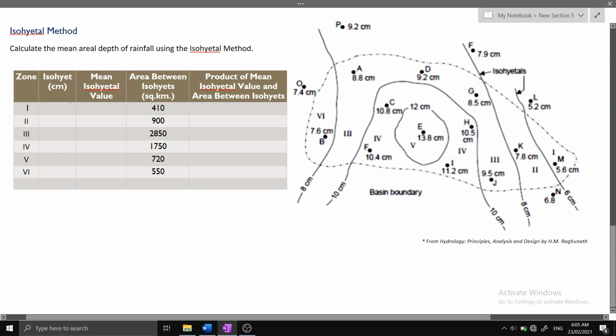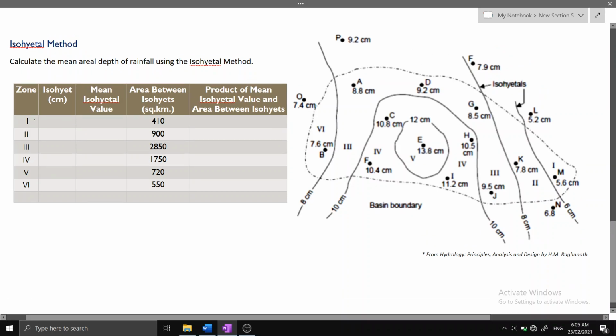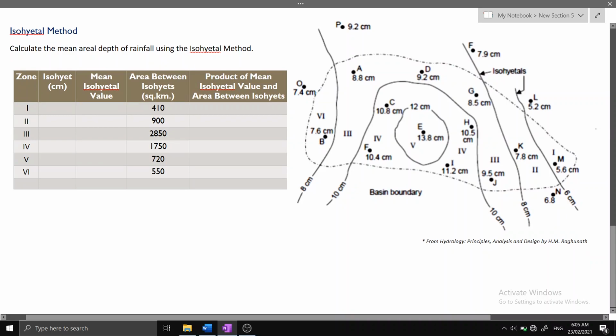So let's try to solve this one. So we have zone 1, which is less than 6 centimeters. So we can write here less than 6. For zone 2, that is between 6 to 8 centimeters.